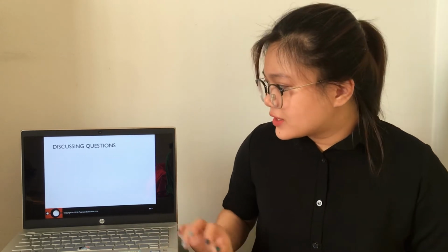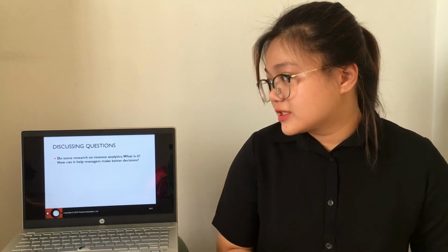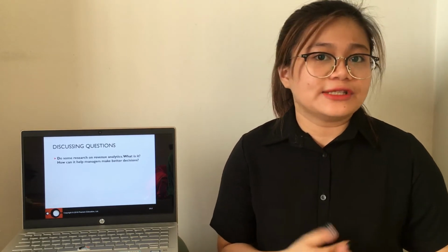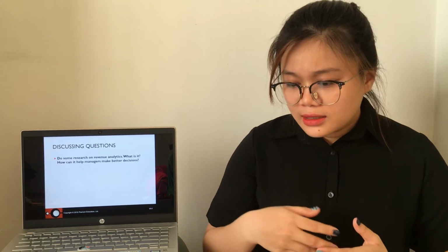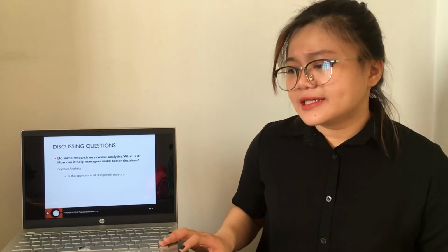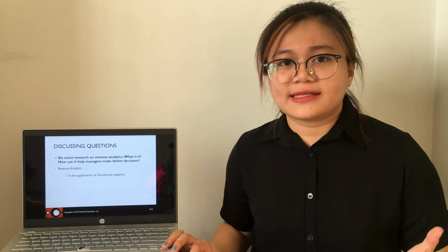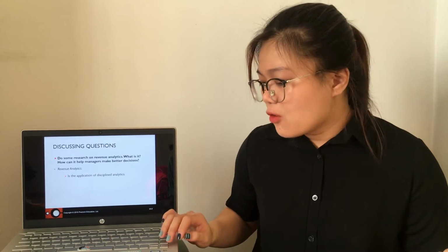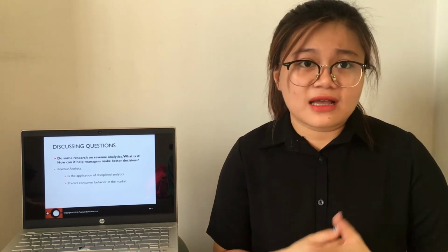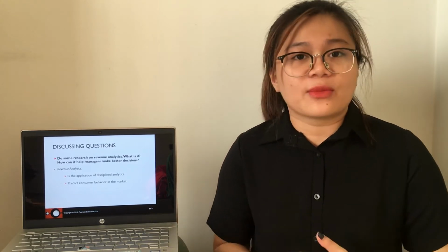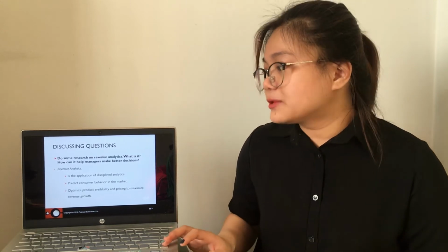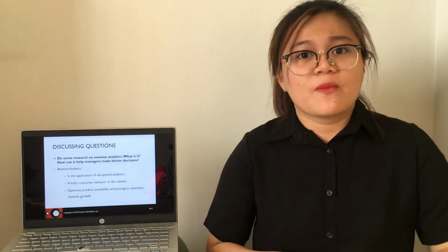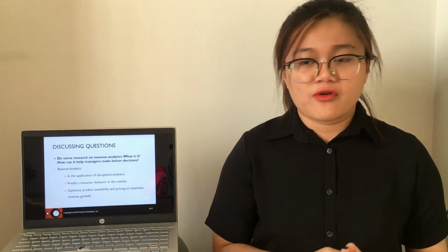And the last question is, what is revenue analytics and how can it help managers in decision making? Revenue analytics can be understood as the application of discipline analytics that can help with predicting consumer behavior in the market, as well as optimizing product availability and pricing to maximize revenue growth.